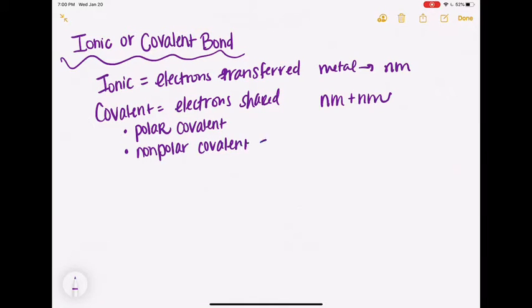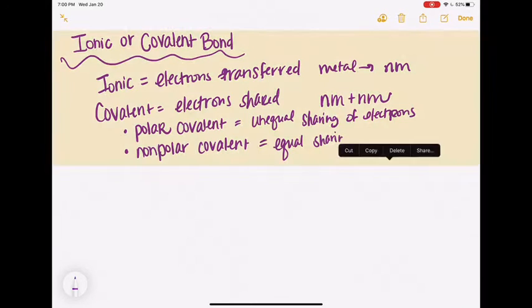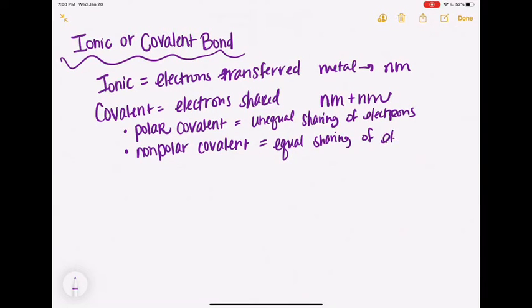A polar covalent bond is when the electrons are shared unequally, unequal sharing of electrons. In a nonpolar covalent bond, you have equal sharing of electrons. And this is based on the electronegativity.